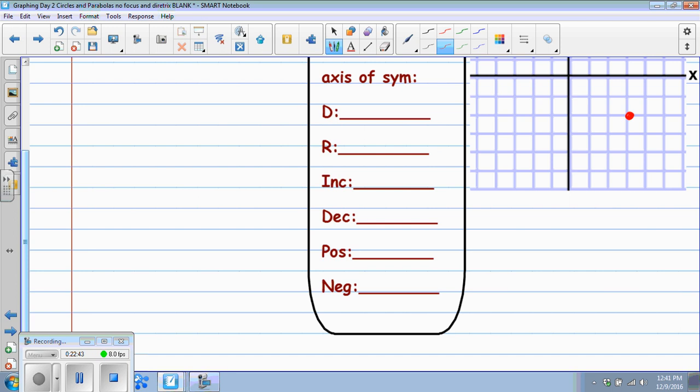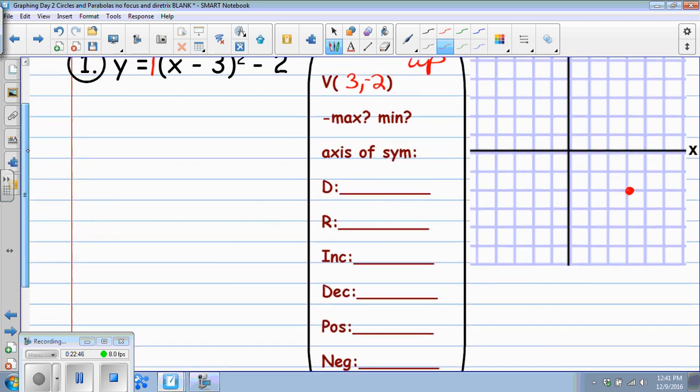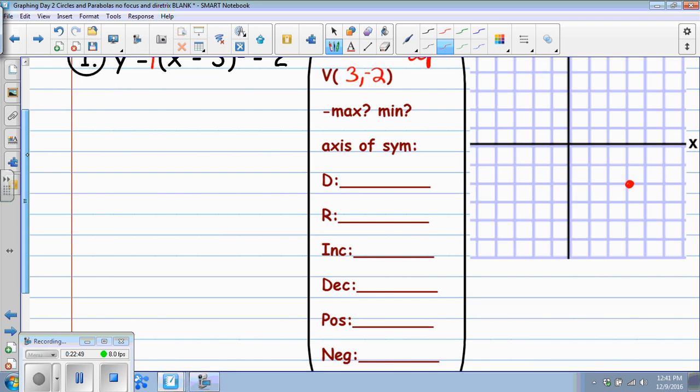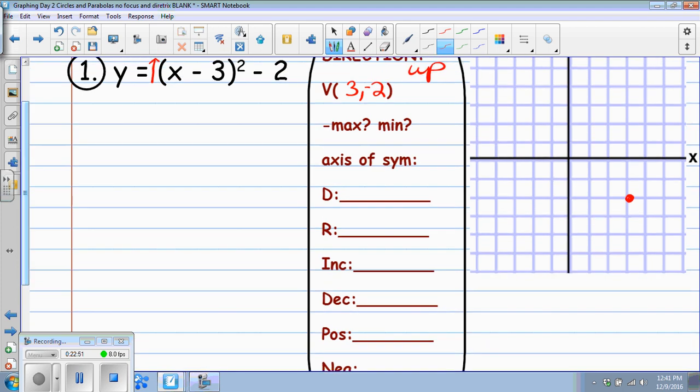Okay? So, now, if it opens left or right, that point is irrelevant because it's not a function, so you can't answer that question. But if it opens up or down, you need to know those x-intercepts. Now, how can you use your calculator to find those?